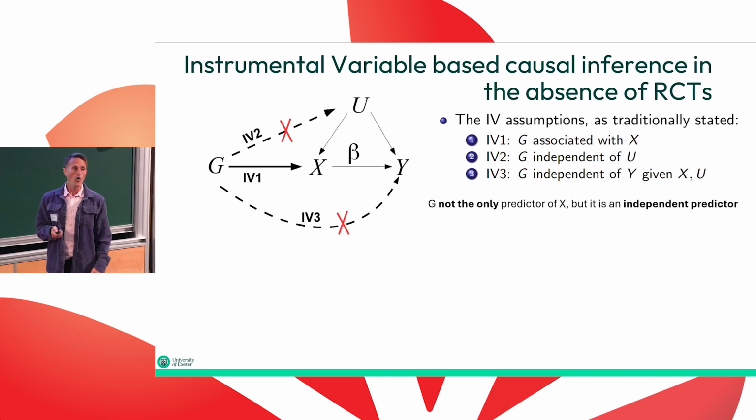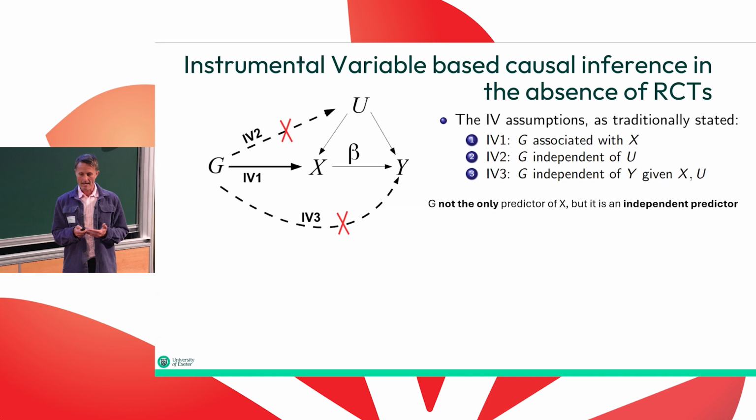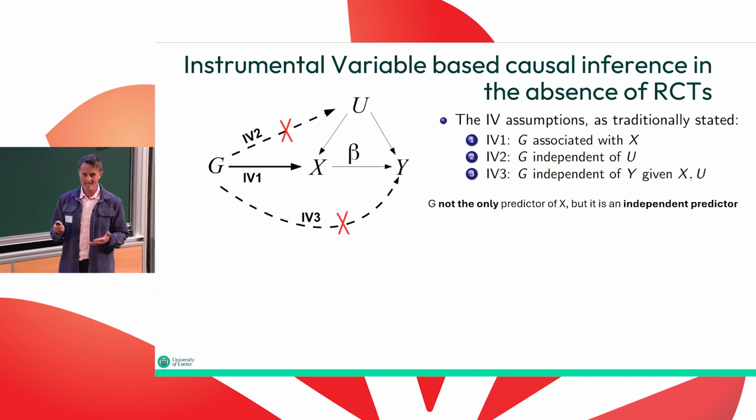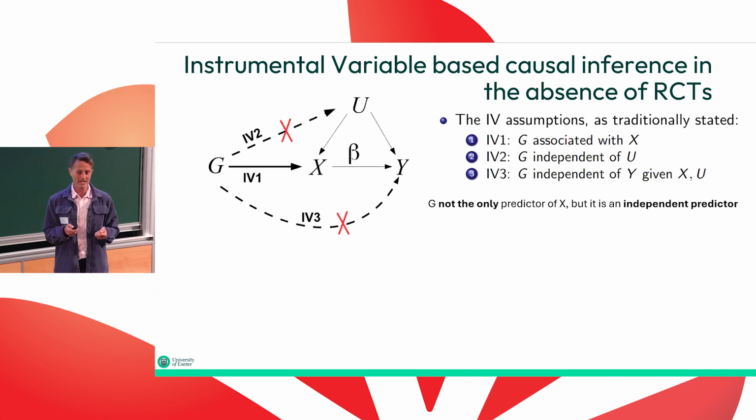Now, it's not always possible to do a randomized trial for various reasons, ethical reasons, cost reasons, and so often we have to fall back on so-called pseudo-randomized trial evidence, and that's where genetics comes in. What we typically do is use someone's genetic data as an instrumental variable.